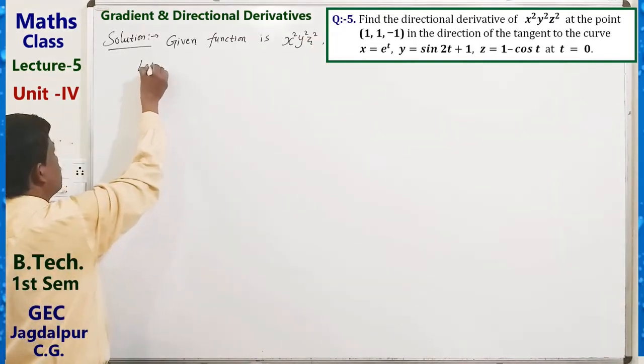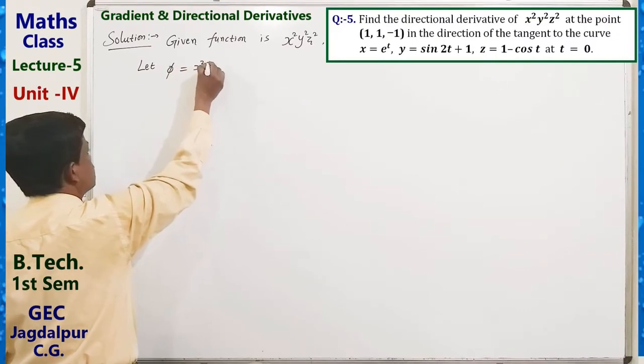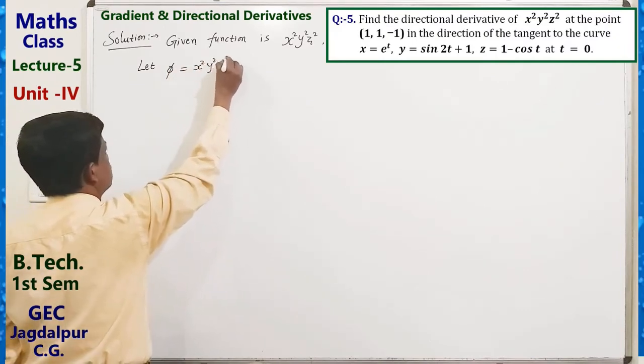Let phi equals to x square y square z square.